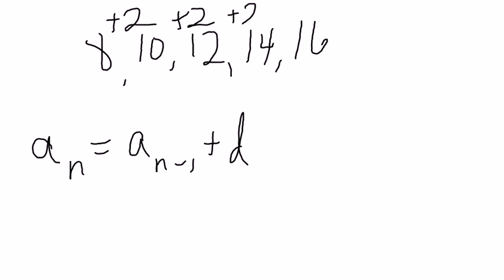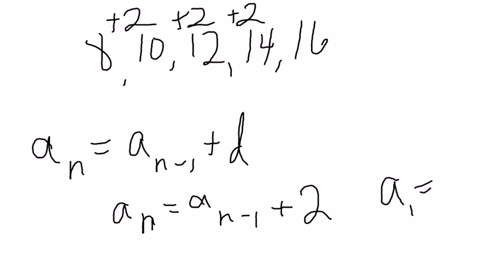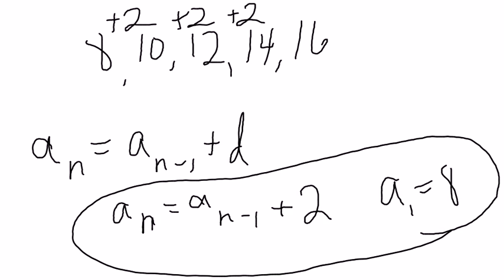So our recursive formula is a sub n equals a sub n minus 1 plus 2, and we're done. We'll also add that our first term is 8, so part of the answer is also a sub 1 equals 8. That's our first term. So that's a recursive formula with the first term. All right.